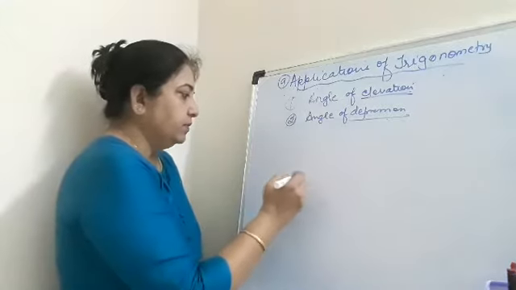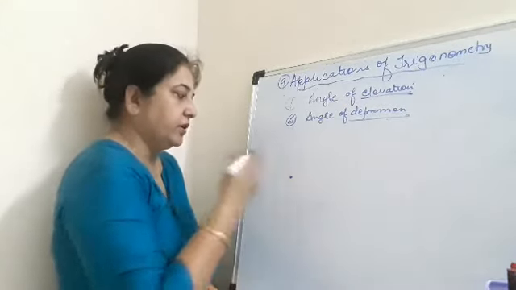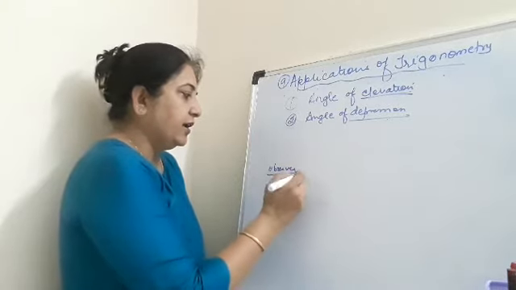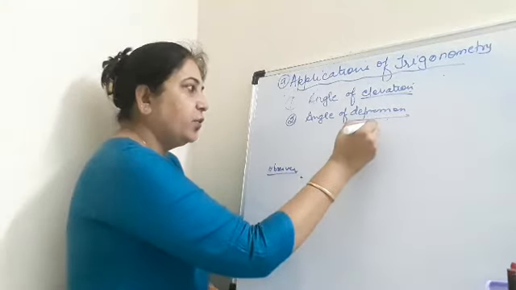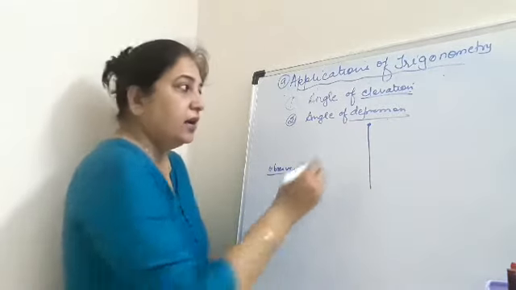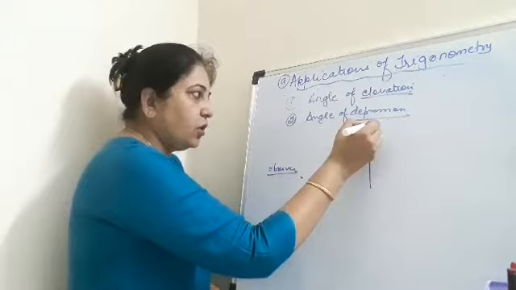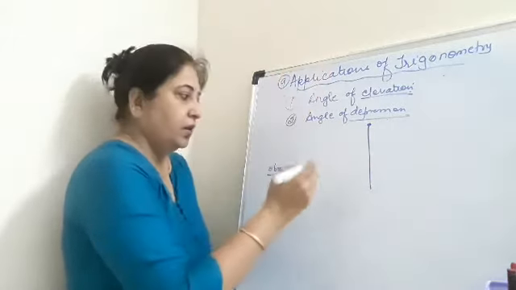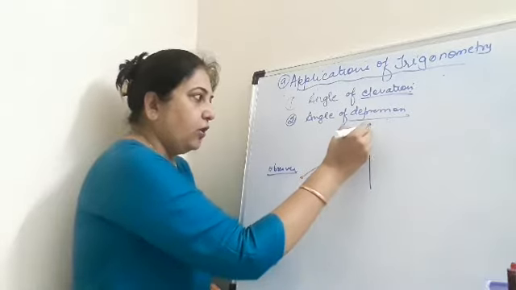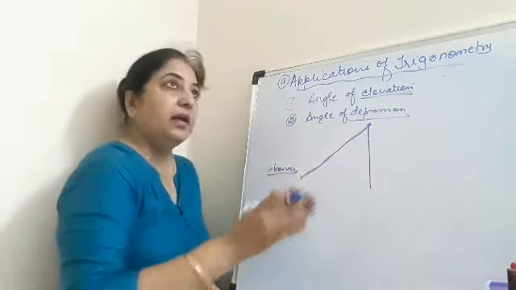So suppose I am the observer. I am standing on the ground, and I am looking at this point here which is at a height. Now this height means when I have to see this object I have to look up. So when I have to look up, my line of sight will be up.